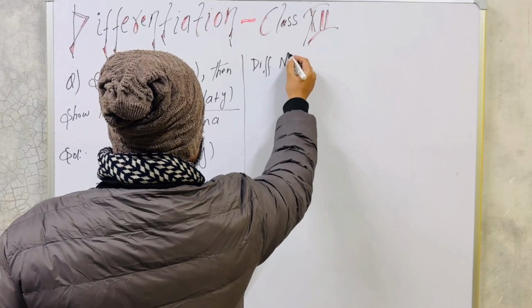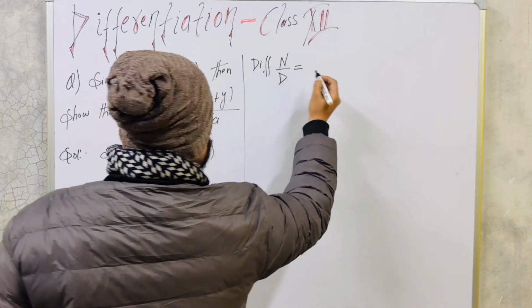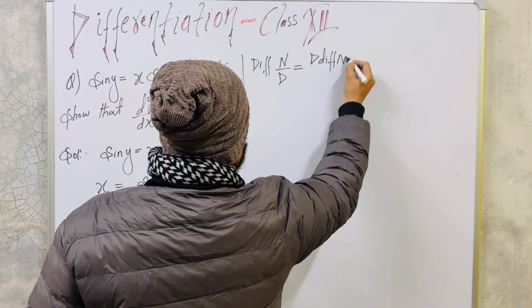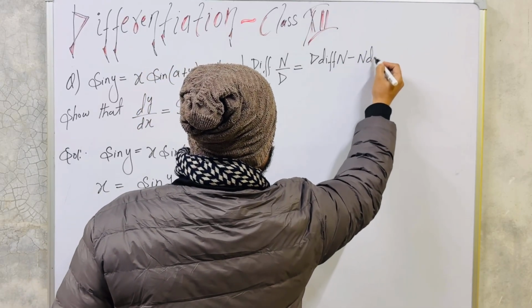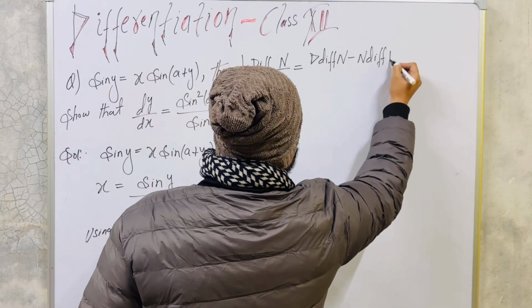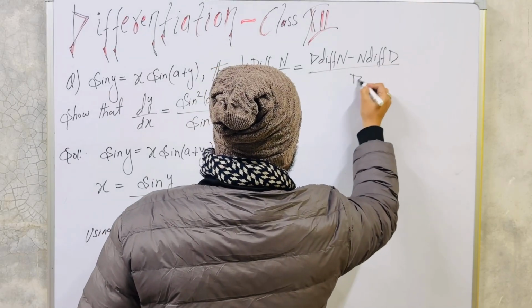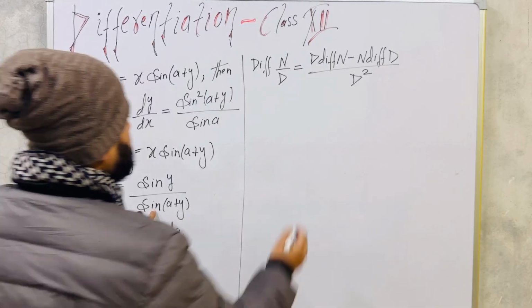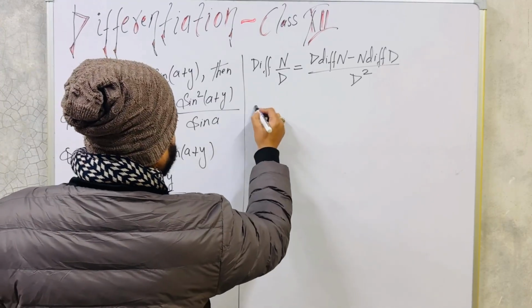the differentiation of numerator upon denominator is denominator times the differentiation of numerator minus numerator times the differentiation of denominator, upon the whole square of the denominator. Now this is x.